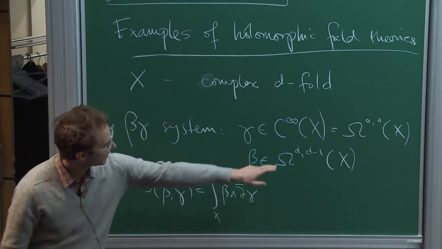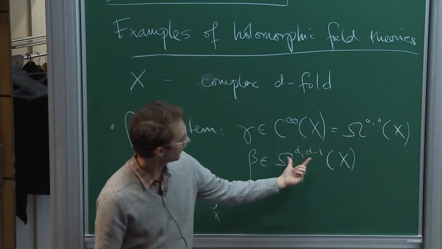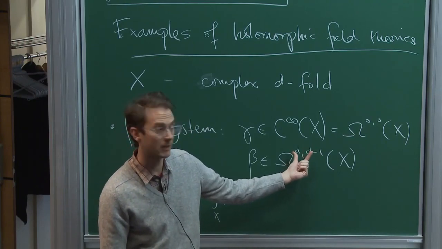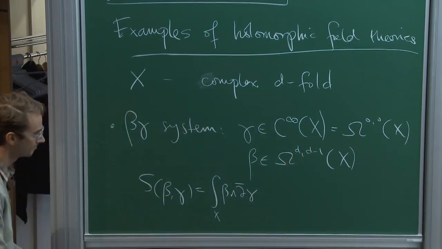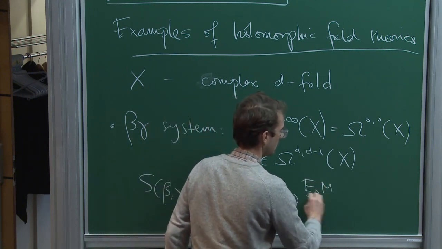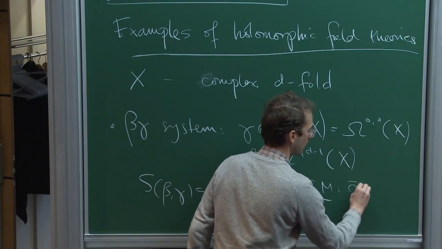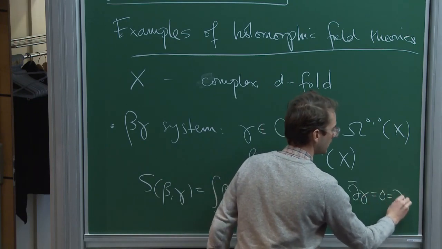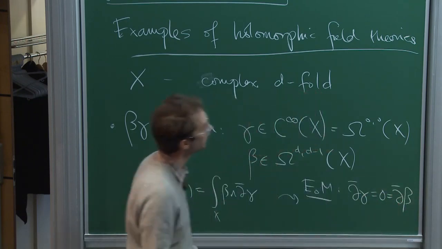If you apply del bar to this, you get a 0,1 form, and a 0,1 form pairs with a d minus 1 form to get a top form. So you can integrate. So the equations of motion, the Euler-Lagrange equations, are that del bar of gamma equals 0 and del bar of beta equals 0.